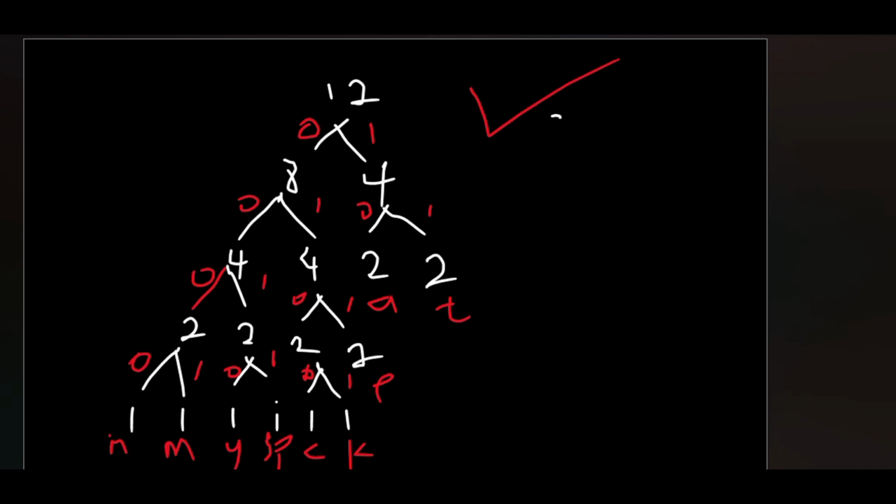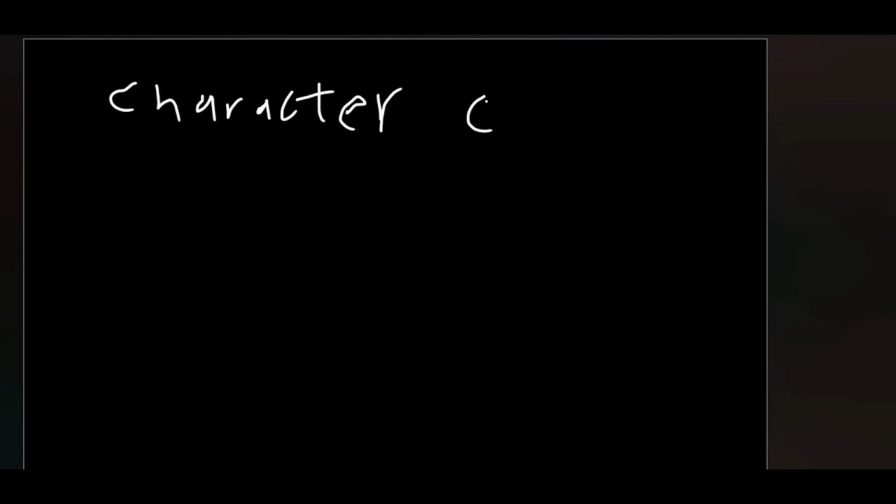I don't have my pen here, so I'm having a little difficulty with the writing, but I think we are good. So that is it. We have the character and then the code. So you are drawing a table.